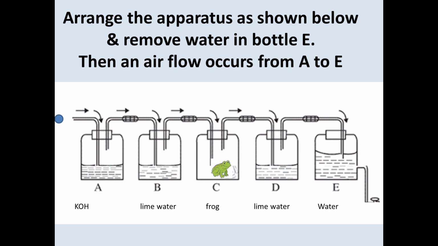Dear children, in the next part of the lesson, you will learn about some important experiments that show that carbon dioxide is produced by the respiration of organisms. In my next video, I hope to discuss these simple activities.